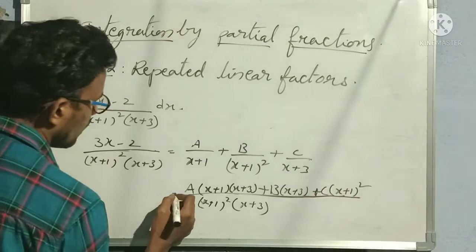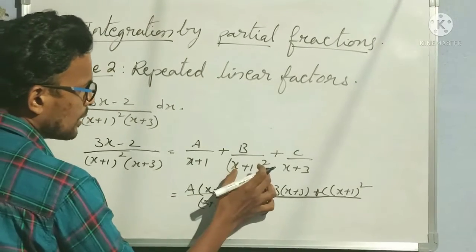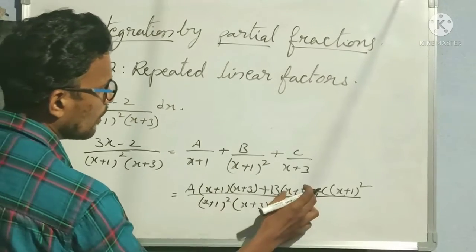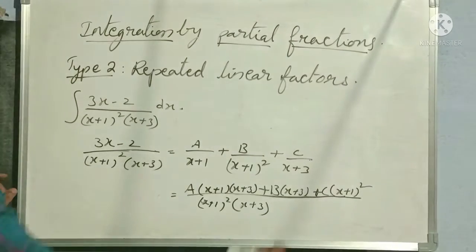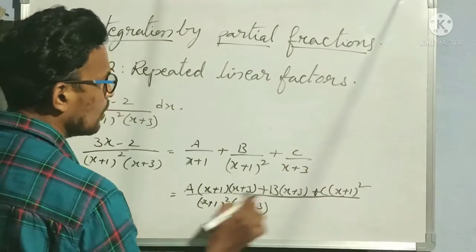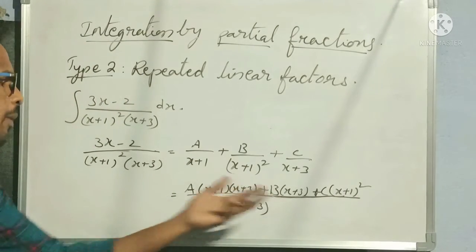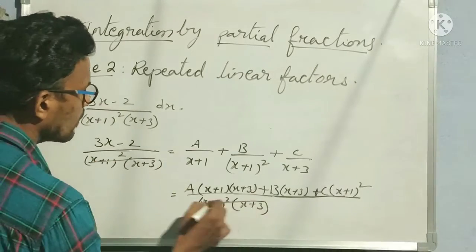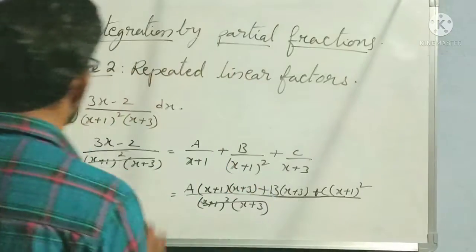This is how we have to do LCM. Why? Because here (x plus 1) whole square is there, so (x plus 1) whole square gets cancelled. What remains? x plus 3. So B we have to multiply by (x plus 3). Here also x plus 3 is there, x plus 3 gets cancelled. What remains? (x plus 1) whole square. So C should be multiplied by (x plus 1) whole square. This is the common method of doing LCM. So now this denominator gets cancelled, and we have to equate the numerators. Let me continue.